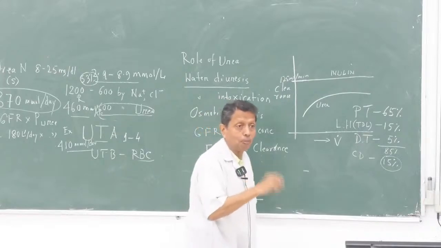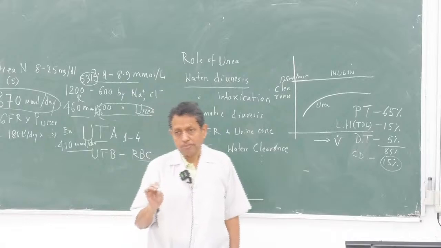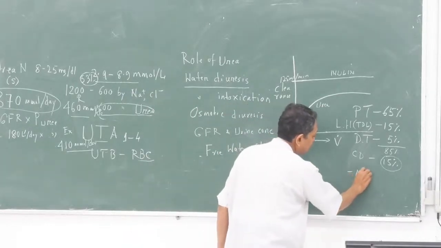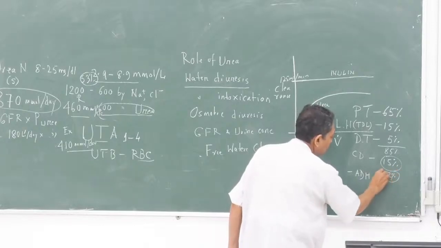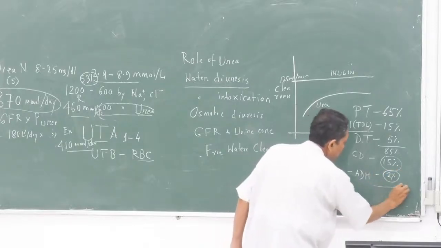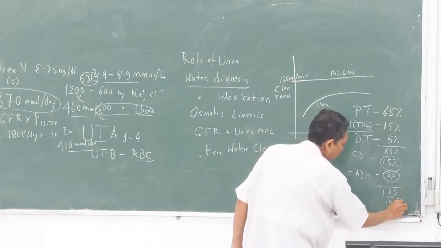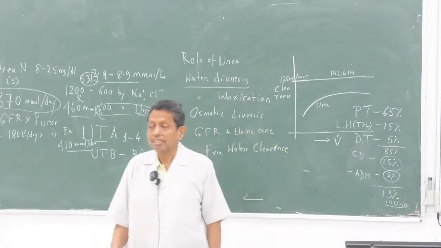Even in the absence of ADH, 2% is reabsorbed. So the urine is 13% of the filtered load.